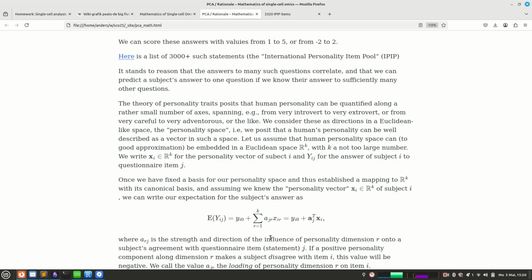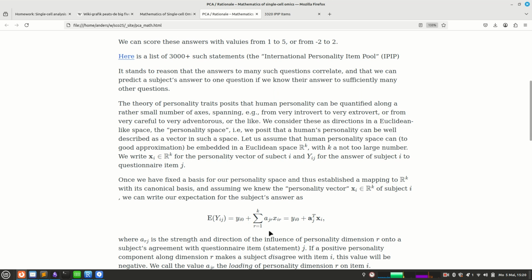So if a is positive, then this means that subjects which have a high score in the personality direction x_ir tend to agree with the statement j. And if it's negative, it means they tend to disagree. And if it's around 0, it means that this direction doesn't have an influence on the subject's opinion of that.